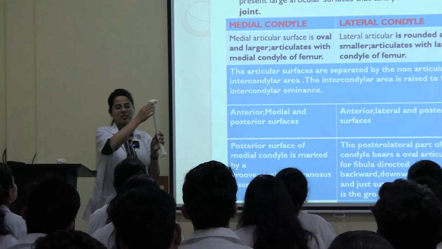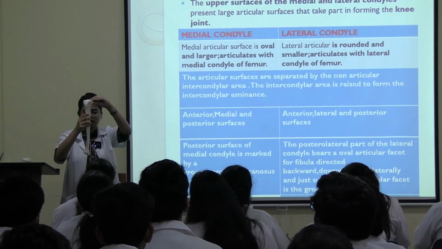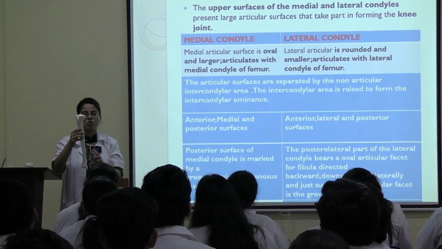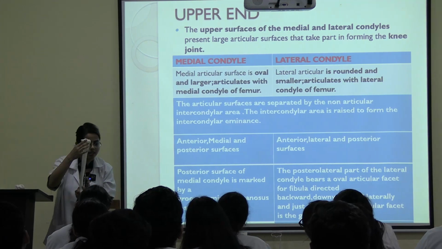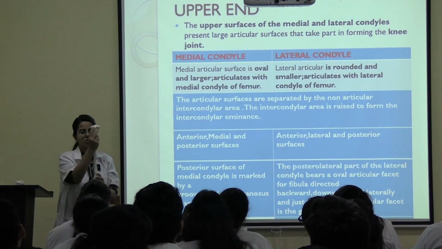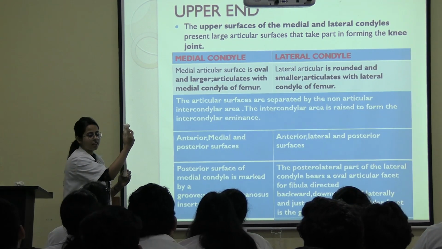Okay, so should I repeat this again? Okay, so up to this clear, medial condyle, lateral condyle, their surface is clear. So now we'll come to the posterior surface of these condyles. In case of medial condyle, this is the posterior surface of medial condyle. You can see one groove here.